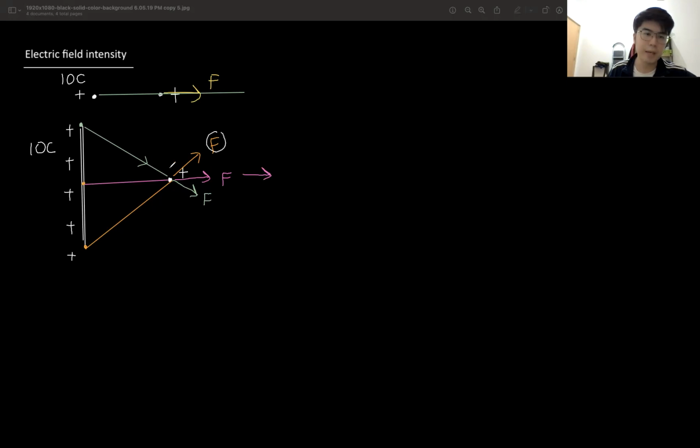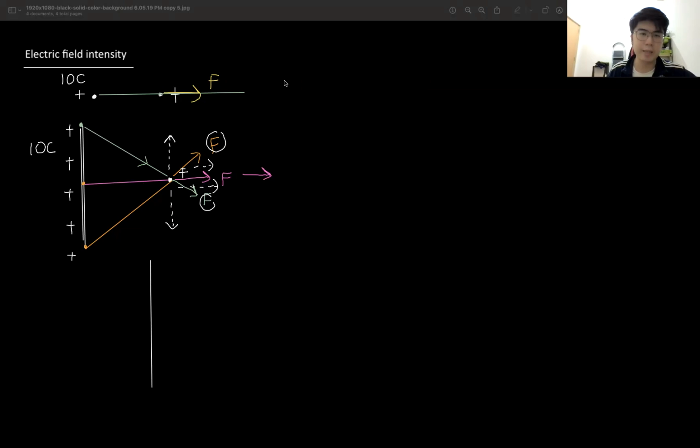This one has a vertical component and a horizontal component. This one has a vertical component and a horizontal component. These two vertical components will cancel off, leaving only the horizontal component.